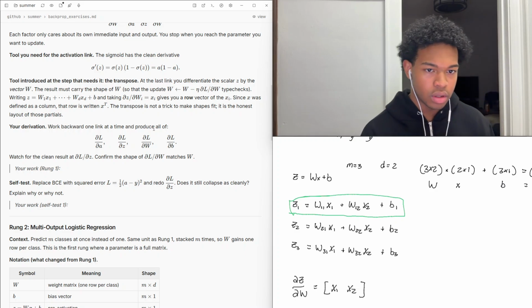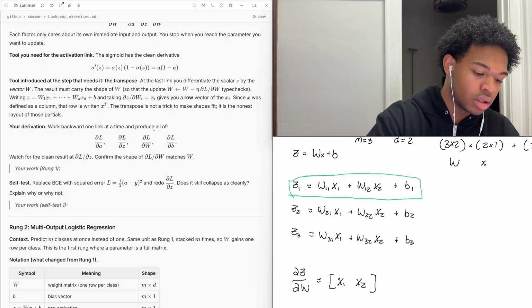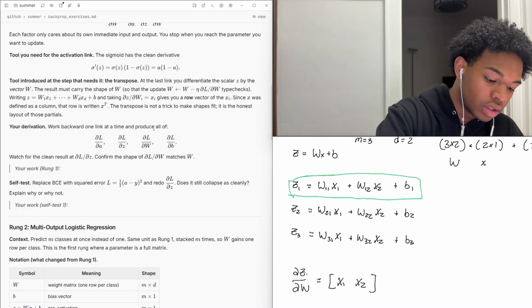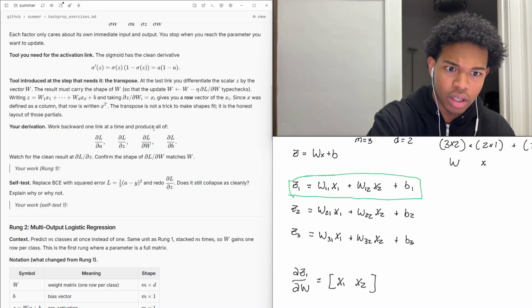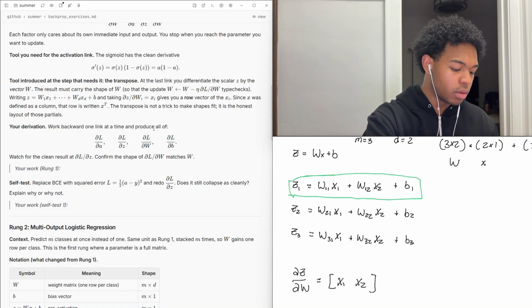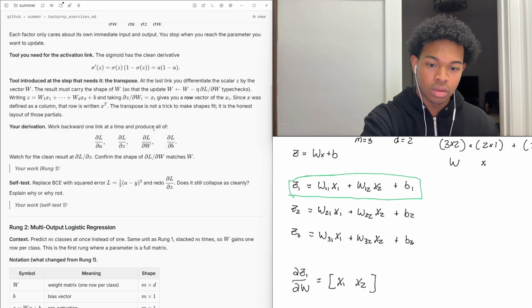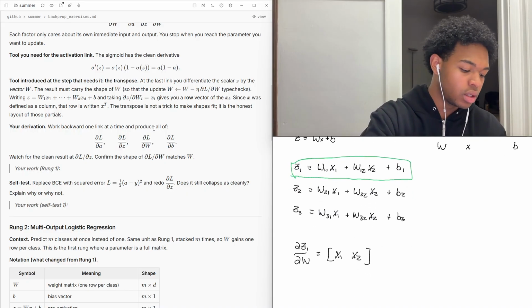We take it further. This is now just Z1. Hear me out. This is Z1, and we're working with indices.